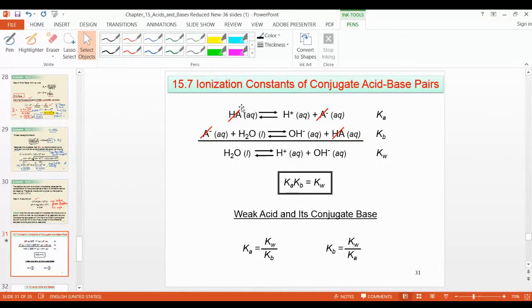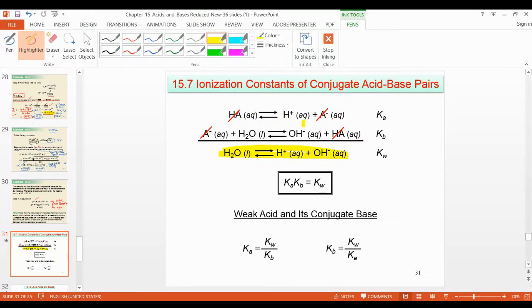This is the dissociation of Ka and Kb. Ka and Kb mean the acid constant and base constant, and you know that Kw is the product of the acid constant and the base constant. So this is the Kw for this reaction. For Ka you will get this.